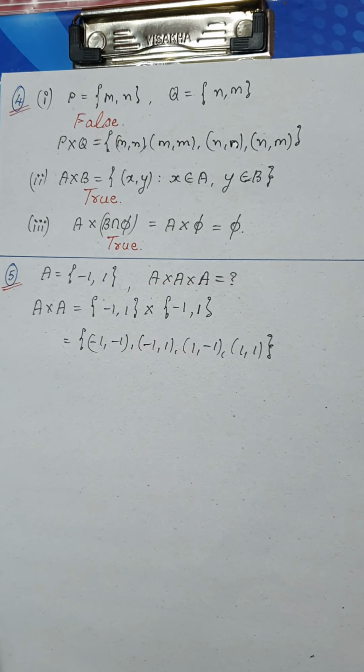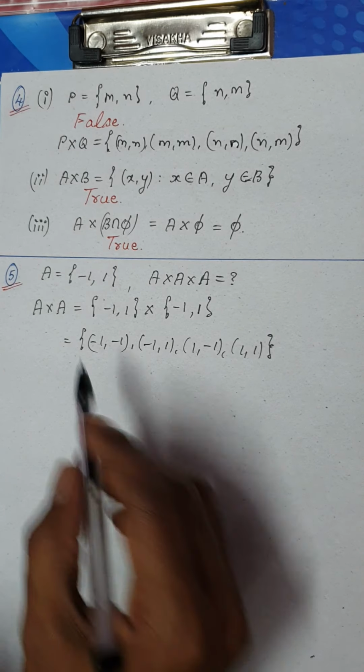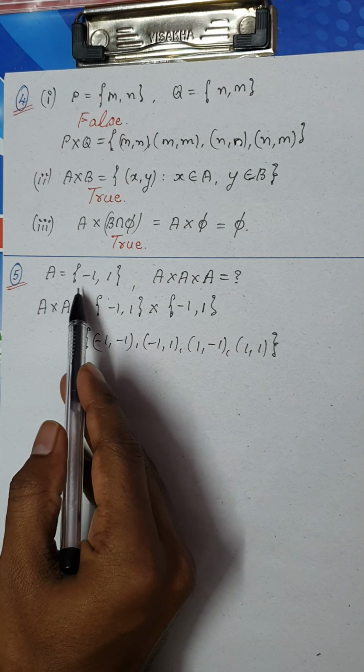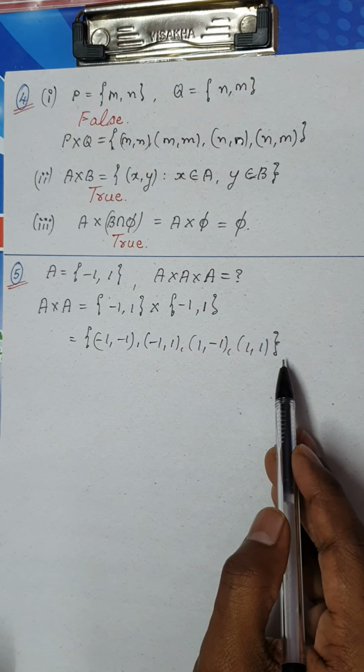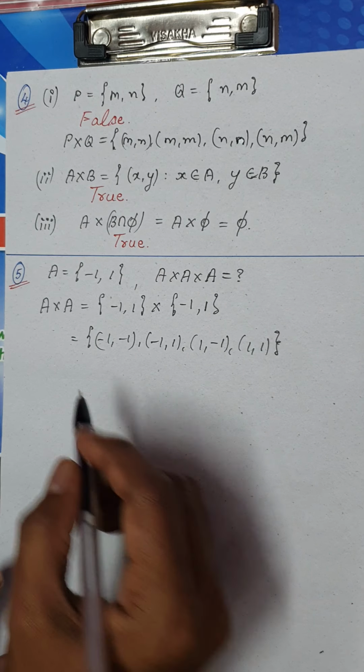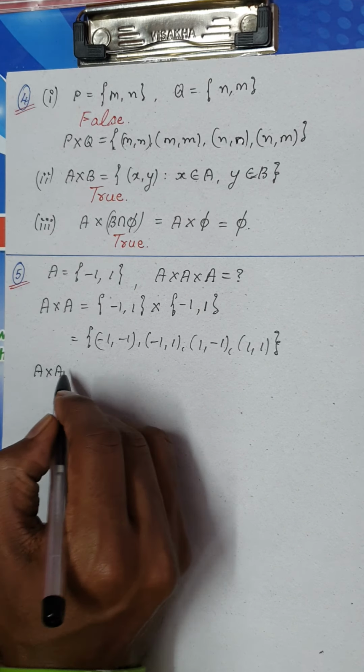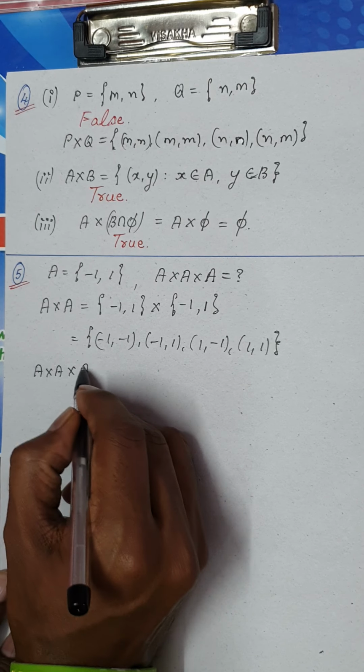I hope you are finding no difficulty here. If this question is asked for 2 marks, for writing this step you will get 1 mark. The next step is to get A cross A cross A.